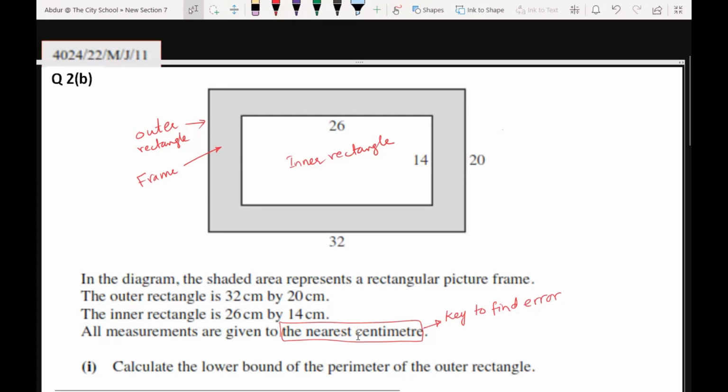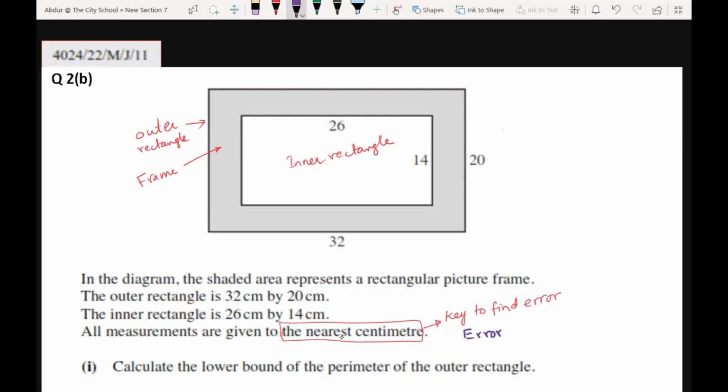So the nearest centimeter means it is nearest 1 centimeter. So your error will be, for all measurements, 1 over 2, or 0.5 centimeter.